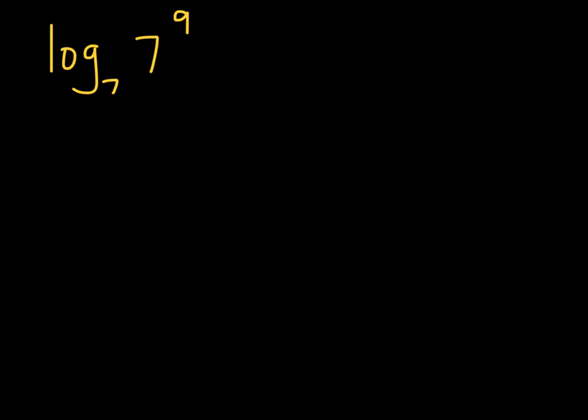The next log expression I want us to consider is log base 7 of 7 to the power of 9. Now again, a logarithm is an exponent. So really they're asking you for the exponent to which you would have to raise base 7 in order to get the argument of 7 to the power of 9. What power do I raise 7 to in order to get 7 to the power of 9?